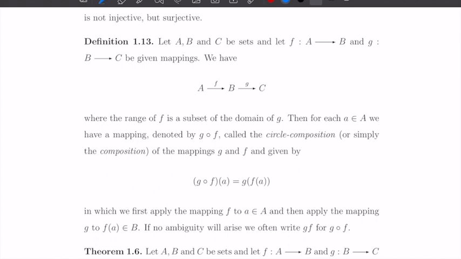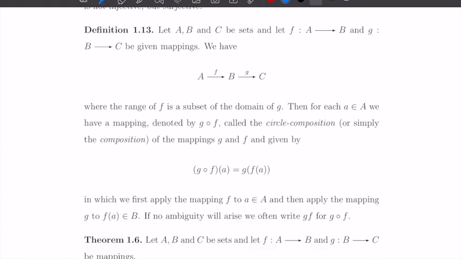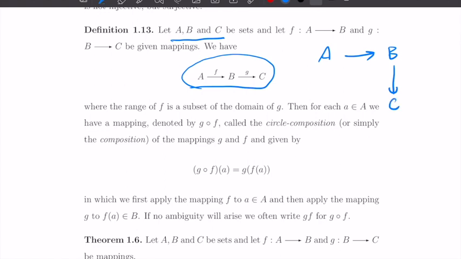Okay, let's move on to the next definition. There are many definitions today. Let's say we have three sets, A, B, and C. And we have a mapping from A to B and another mapping from B to C. So we have this diagram. Maybe I should write A, B, C, and this is f and this is g.